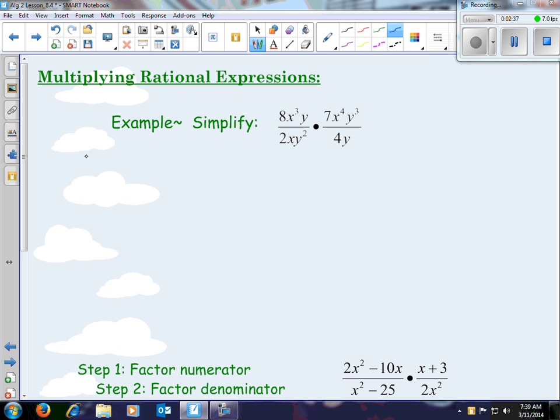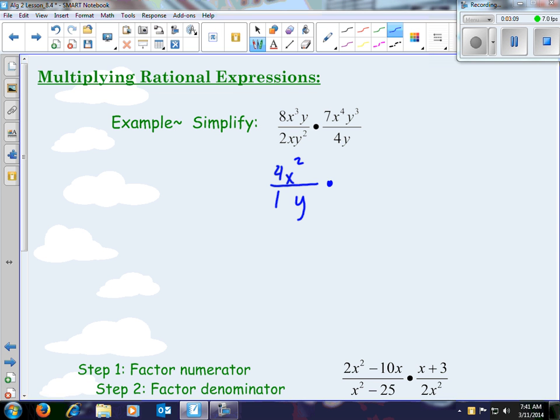Okay, next thing we're going to do is multiplying rational expressions. As I look at this first one, I think, okay, I can reduce this. It doesn't have to be this big giant thing, because 8 divided by 2 is 4 over 1, so I can change this to be 4 over 1, and then x cubed divided by x is really x squared on top, and then y divided by y squared is going to leave me with 1y on the bottom.